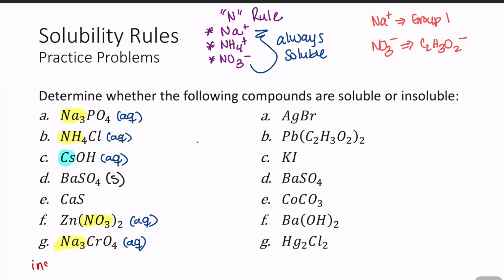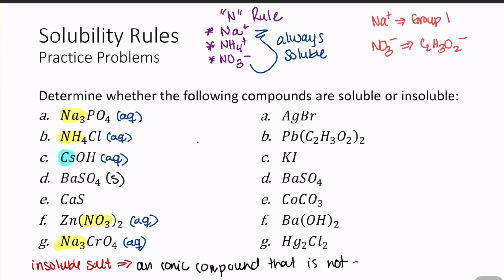An insoluble salt is an ionic compound that is not soluble in water.